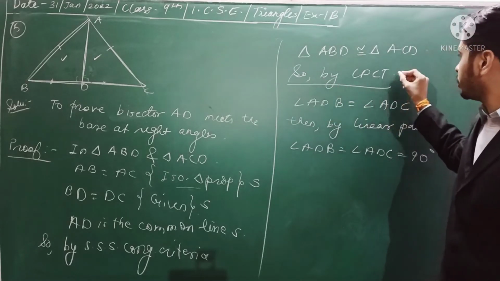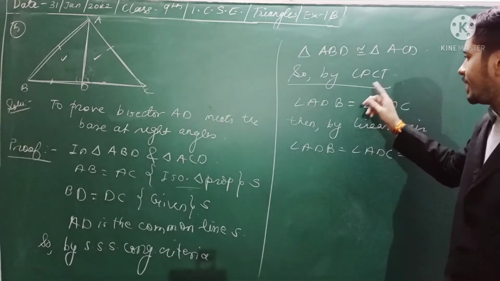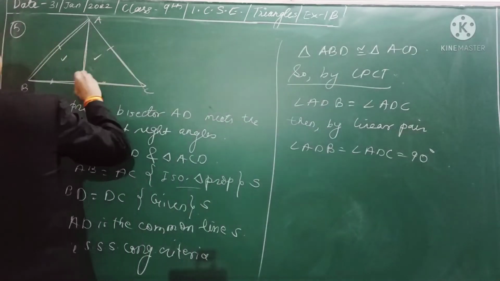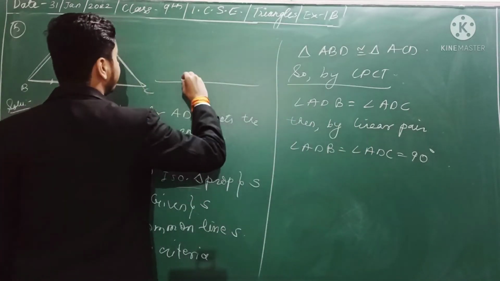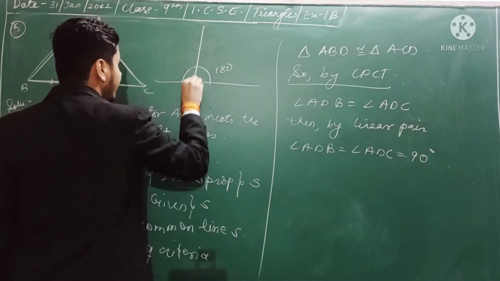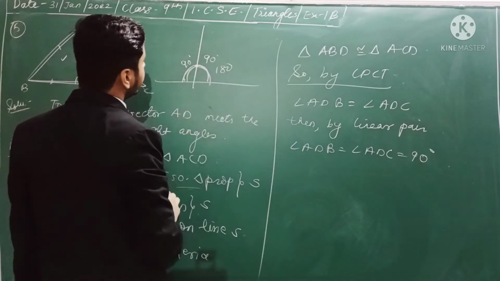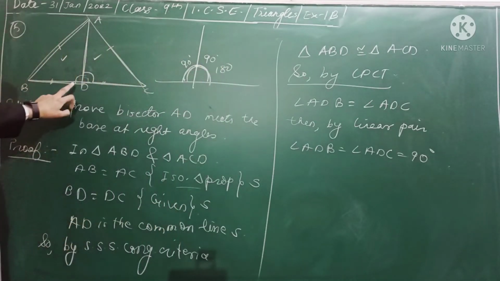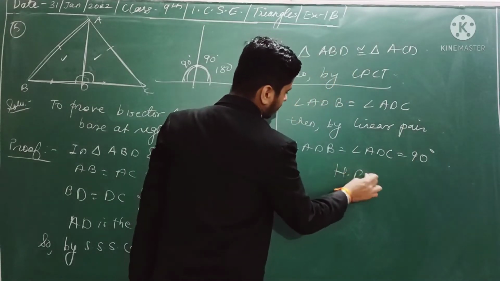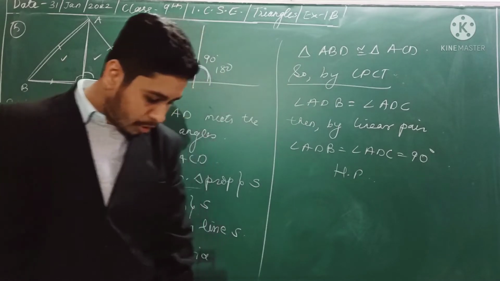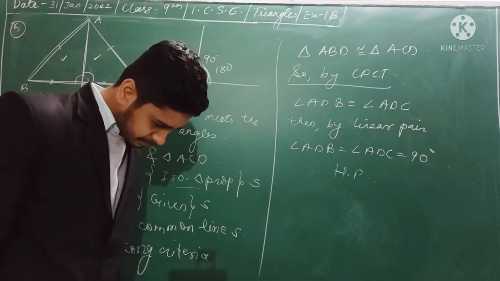So by CPCT, you know the full form of CPCT, corresponding parts of congruent triangles are equal, this angle is equal to this angle. Then by linear pair, we know the meaning of linear pair, this whole is 180, and if these two angles are equal, then definitely they will bisect into 90 and 90. So these two angles will be equal to 90, and hence proved. It can be an important question, so please prepare it. Then let us come to the next question.